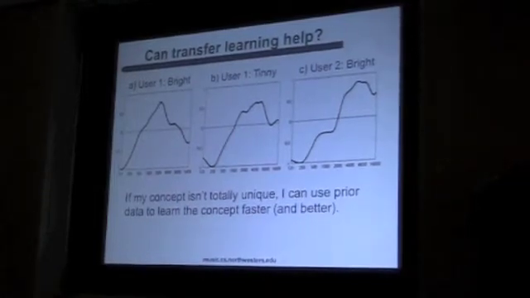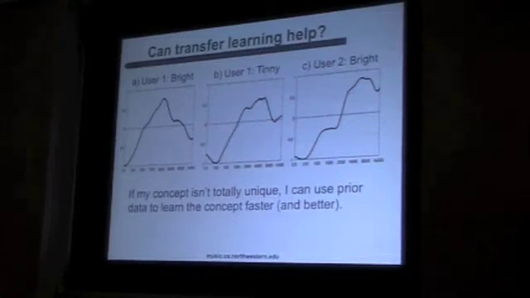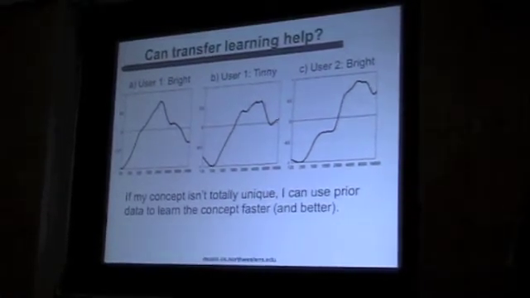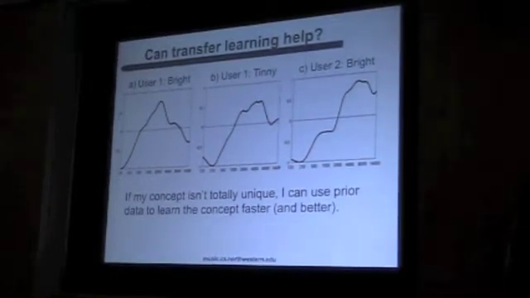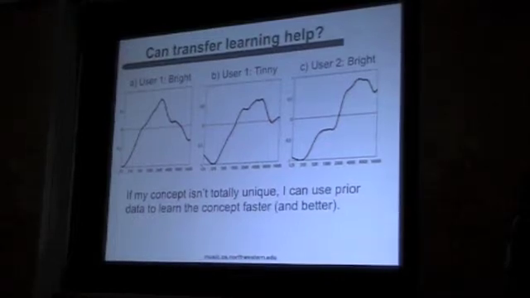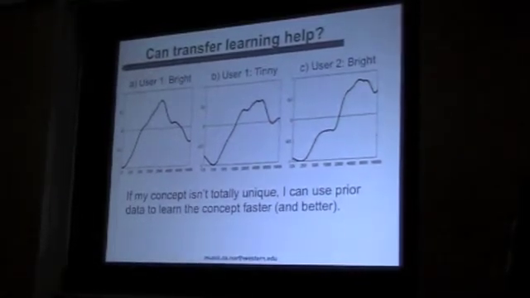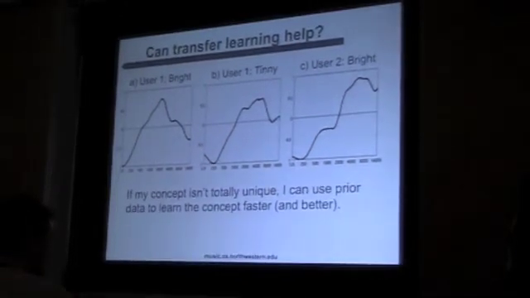So these two may share a concept, but user 1 doesn't like that concept so much and calls it tinny when you boosted up the 4,000 hertz band, and user 2 gives it a more neutral kind of term, bright. So when we're transfer learning, when we're using knowledge from past people, we can't simply count on grabbing someone else's pre-made bright in order to use it for you. It might not be exactly what you were after.